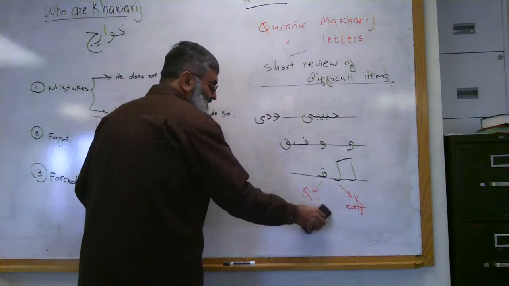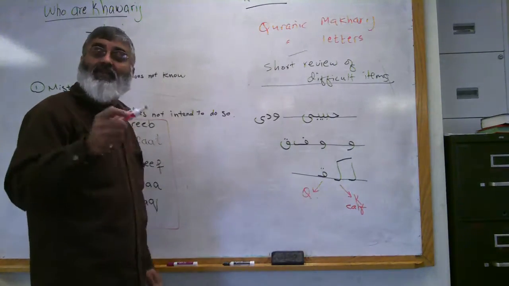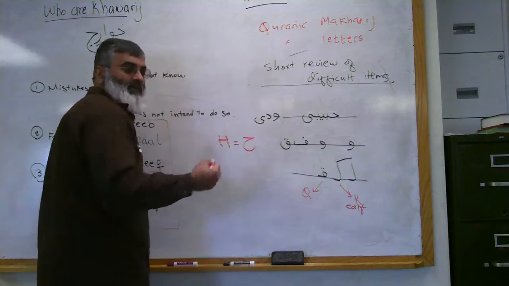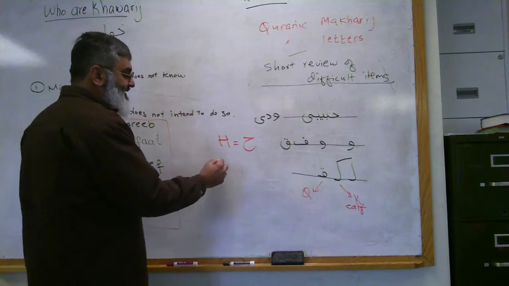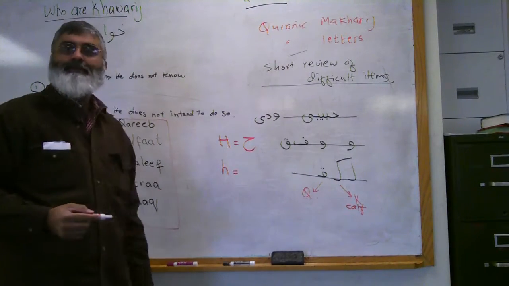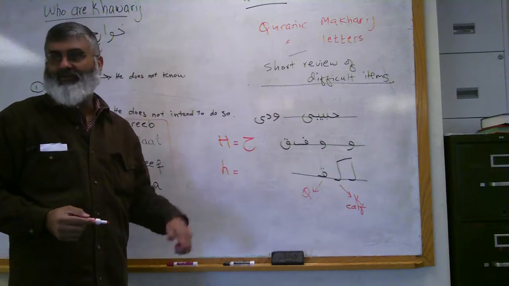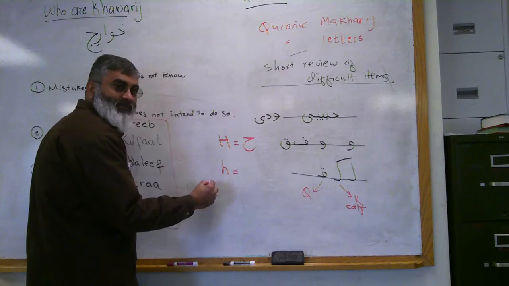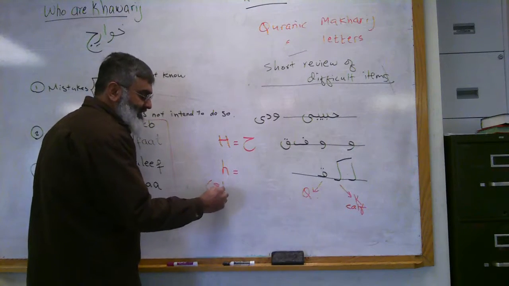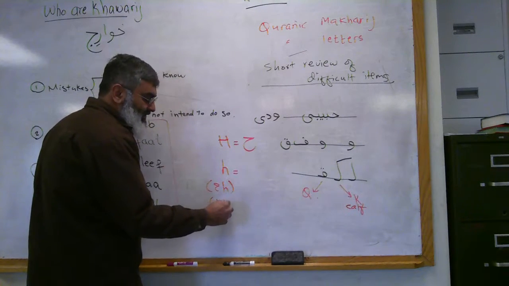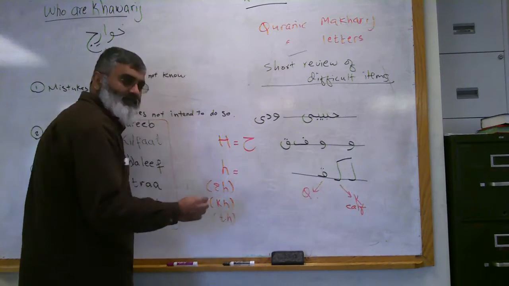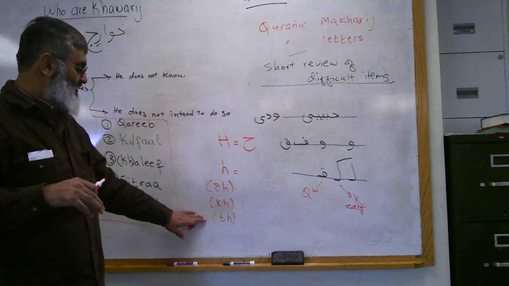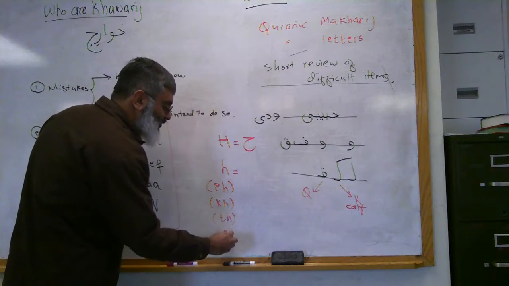How about Ha? You're going to learn another Ha very soon, but every time you see capital H from here on, it is this letter. Lowercase h is the other Ha which you're going to learn. But stay with me. Is everyone watching here? ZH, KH, TH, ZHU.